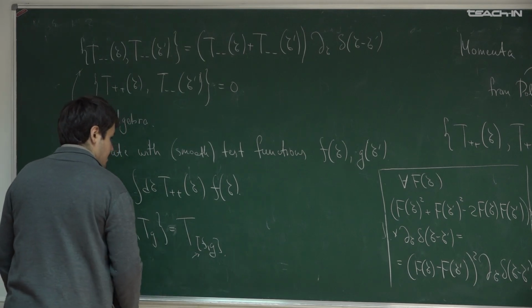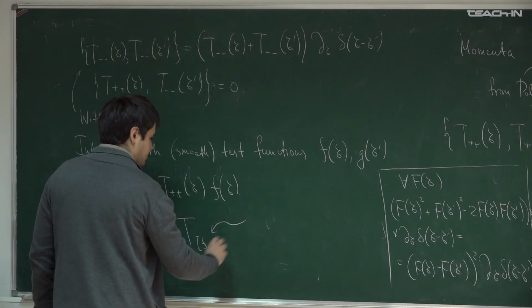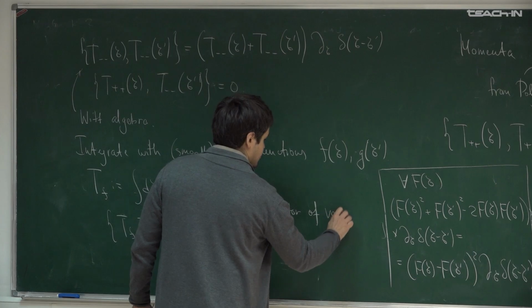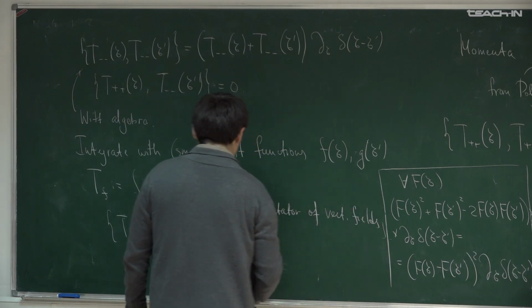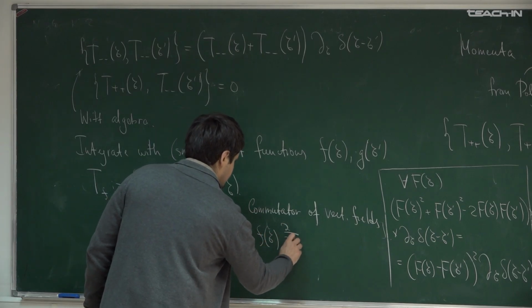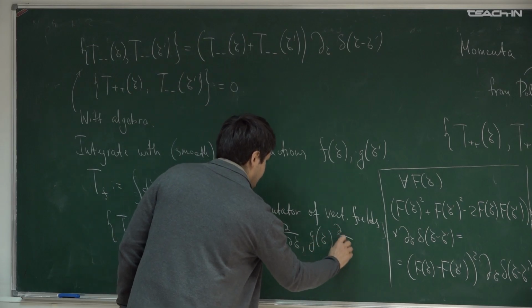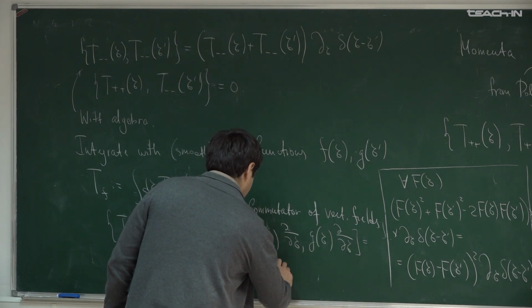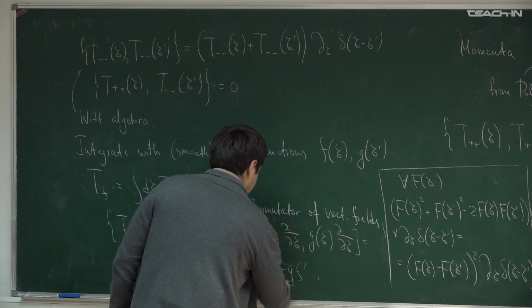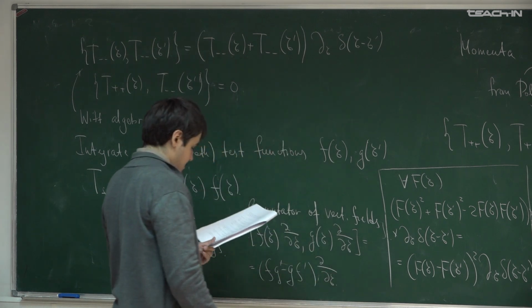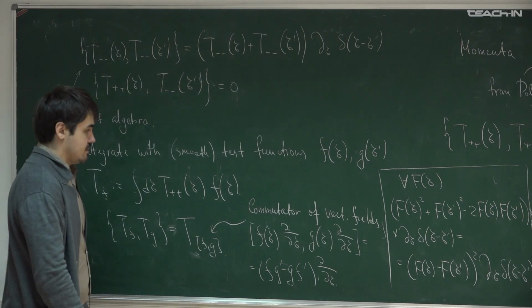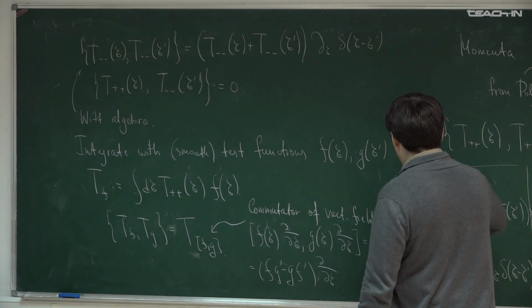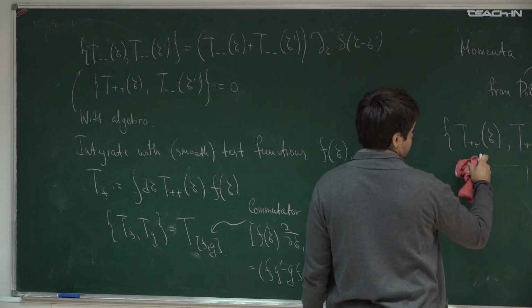So these vector fields f(σ) d/dσ and g(σ) d/dσ have commutator (f g' − g f') d/dσ.